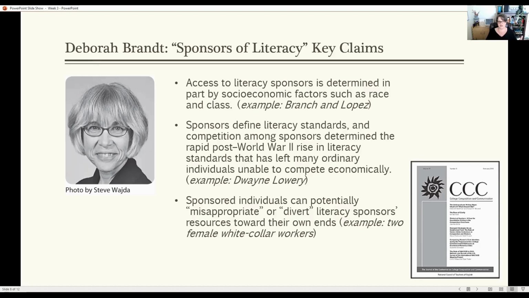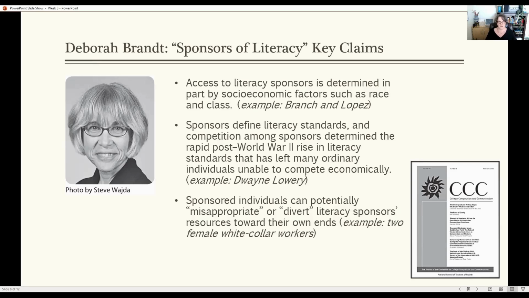The key example here is Dwayne Lowry, who, even though he had many years of experience in his job, was finding it very hard to compete with those people who had academic degrees. And so, how do we adapt and change and deal with our changing literacy standards?